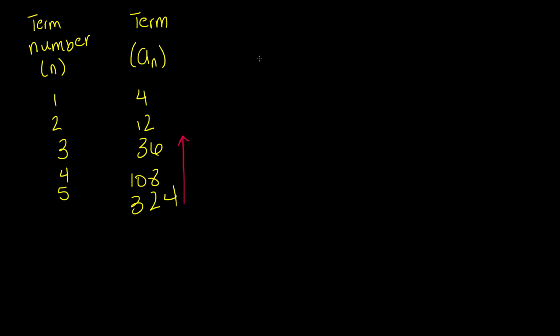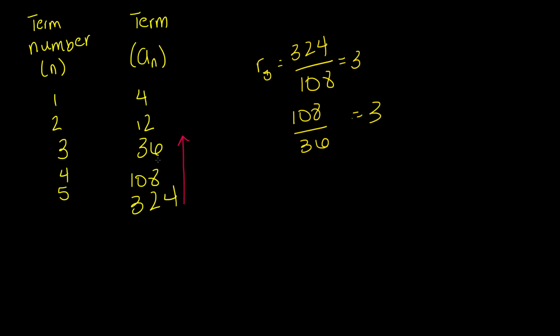Ratio 5 would be 324 divided by 108, which gives 3. Then 108 divided by 36 is also 3. I see if this is true for all my terms going from bottom up. Each one of these is 3 times the previous.